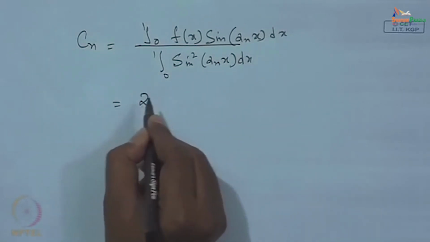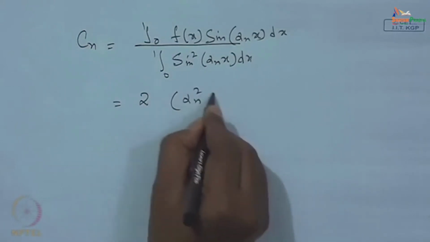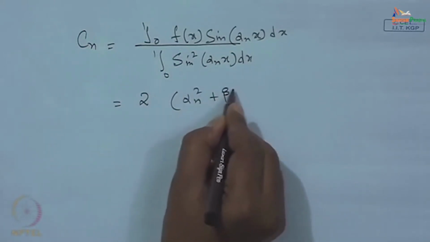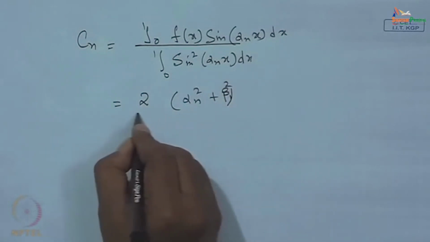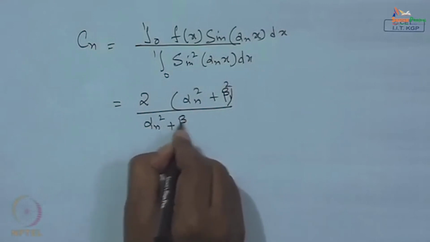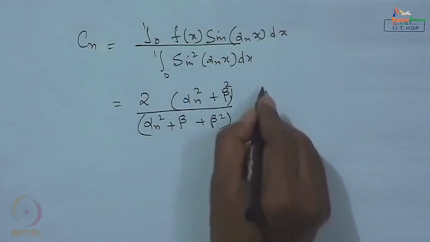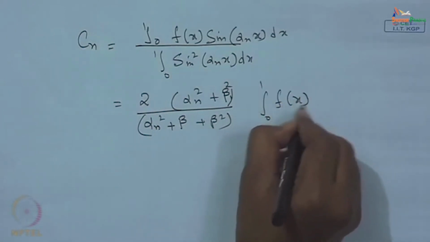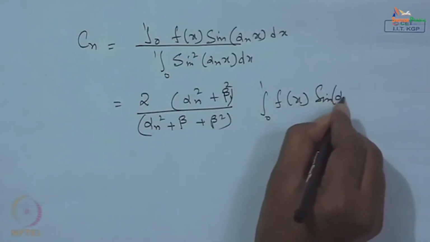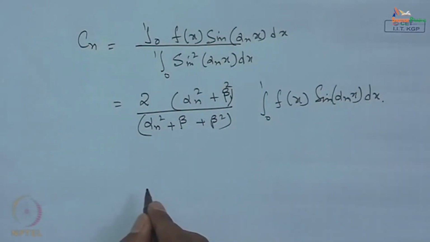So, 2 half becomes 2, alpha n square plus beta square divided by alpha n square plus beta square, and this will be the integral from 0 to 1 of f of x sin alpha n x dx. So, therefore, we will be in a position to construct the complete solution.